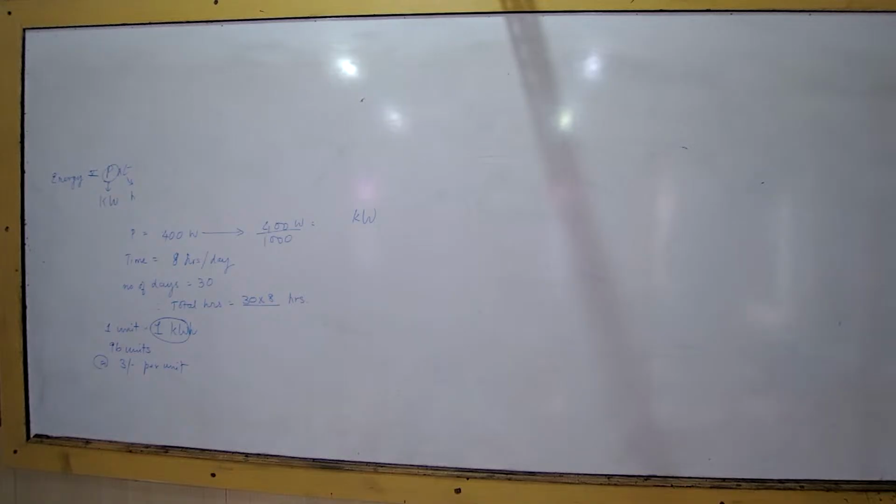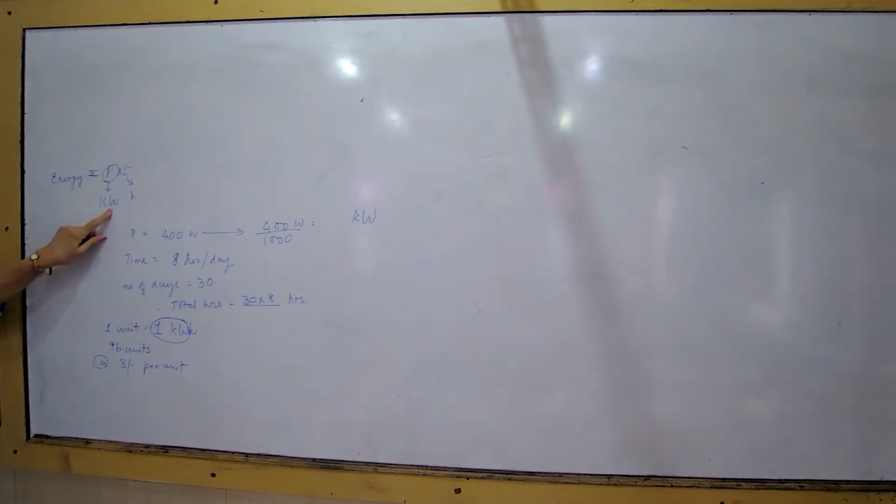Otherwise, you can keep it as it is, in joules. Either way is fine, depending on what they are asking you. Sometimes they specify the units, and depending on that you have to decide. Here I think they are asking for the answer in joules, so keep it as watts.